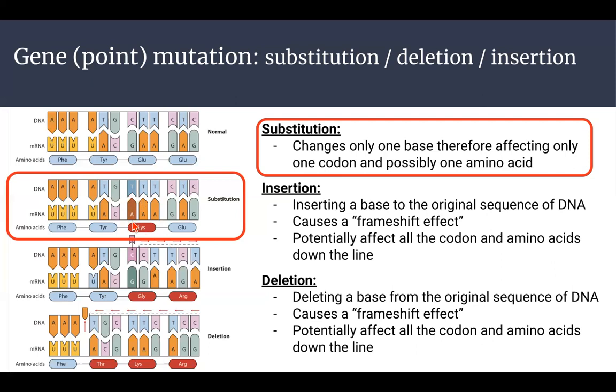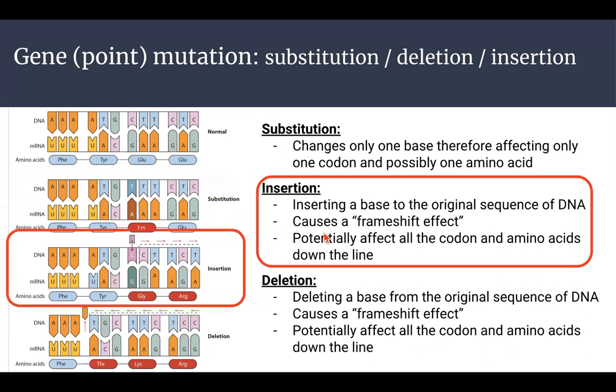This codon codes for a specific amino acid, and you can see that it has been changed from GLU to LYS. So it's been changed to lysine. So that's what substitution mutation is.